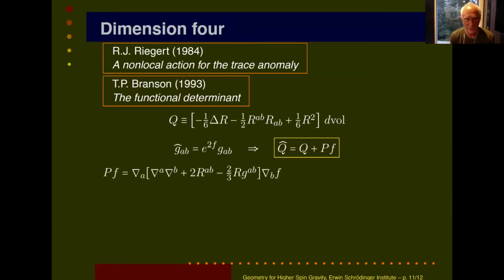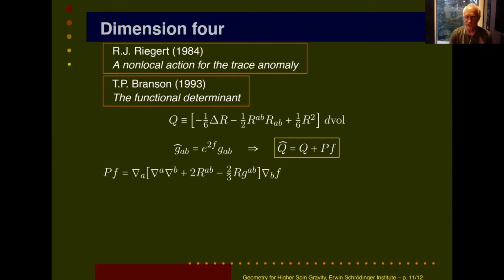Namely, it rescales by something which is a linear differential operator applied to f. If you write down some random nonlinear expression in curvature like this, and you rescale the metric, the way that it rescales as a function of f is by a nonlinear expression, involving derivatives of f, of course. This one's linear. It's amazing.